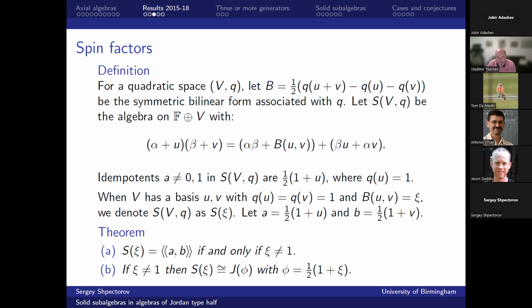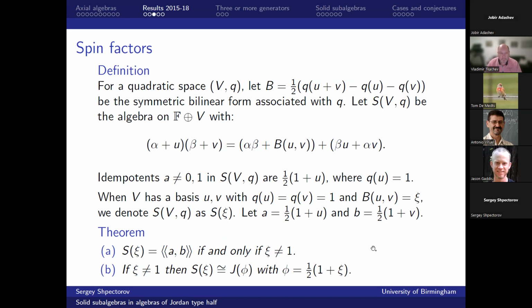So (alpha plus u) times (beta plus v) is this expression in terms of the bilinear symmetric form that's associated with Q. It's very easy to list what the eigenvectors, idempotents are, and then if you have a basis of elements of norm 1 in V, then this spin factor is an axial algebra.